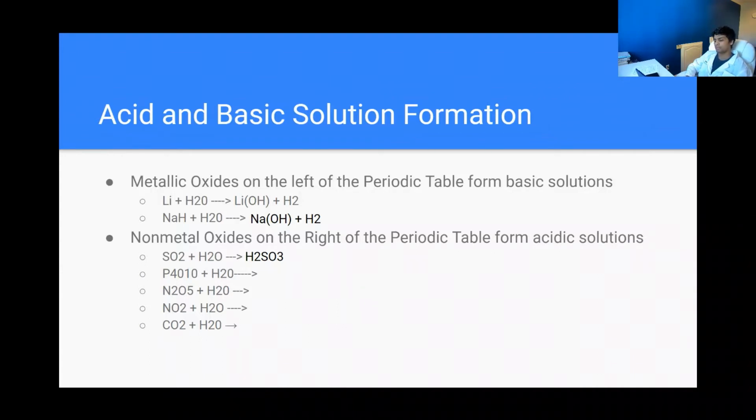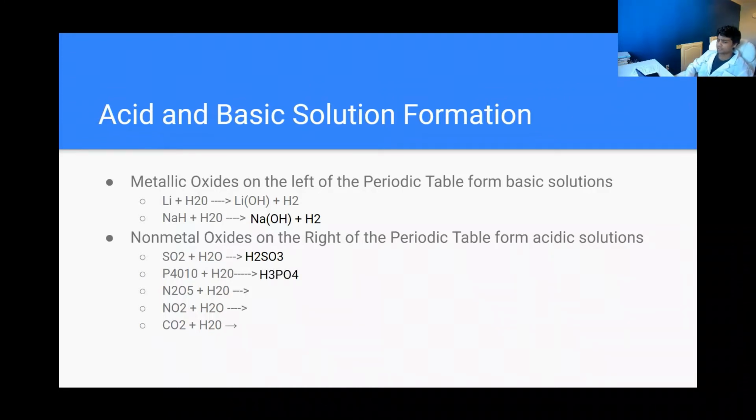Next thing is P4O10 plus H2O. What will it form? It will form an acid with phosphorus in it. There are two options, phosphoric acid or phosphorous acid. But there are a lot of oxygens here, so we can safely assume that the product will also have a lot of oxygen, and phosphoric acid fits the criteria: H3PO4, a lot of oxygens.